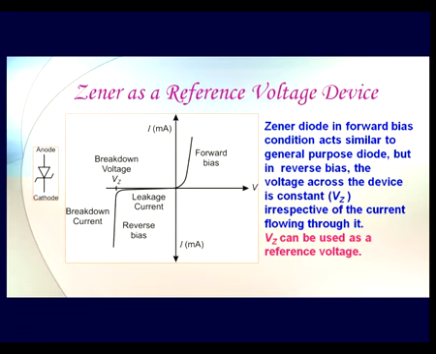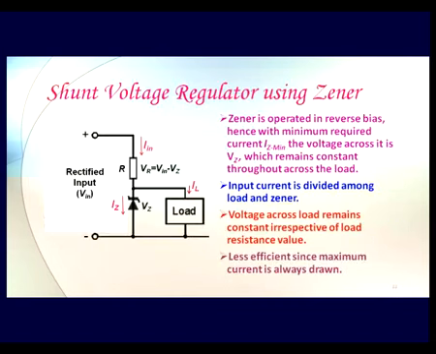So this makes a very good source or instrument for us to derive a reference voltage for our regulator circuits. And now if we use this Zener in a shunt voltage regulator, I have shown it here. What we have done is that we took a Zener diode and connected the positive terminal to its cathode.